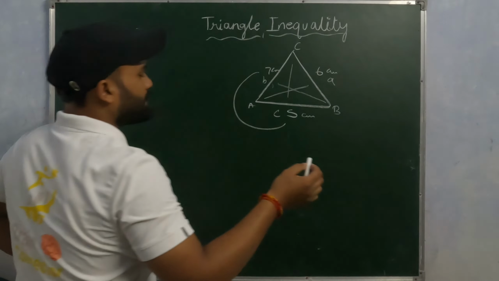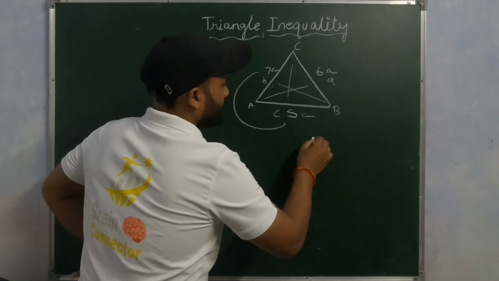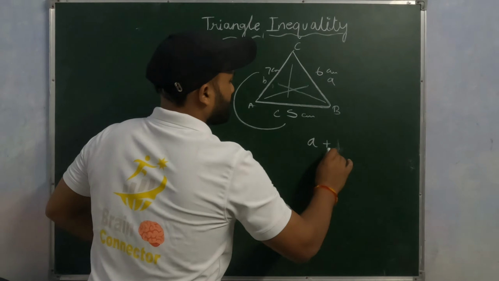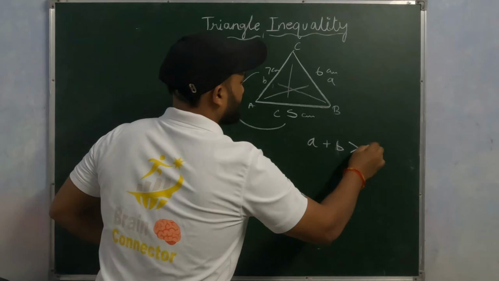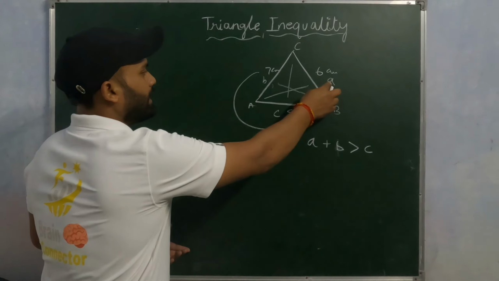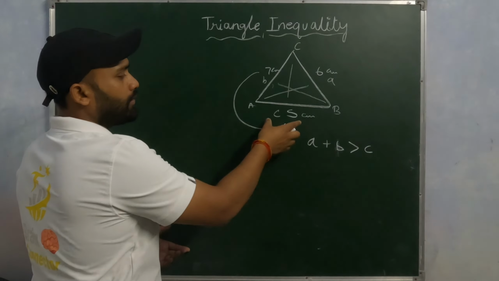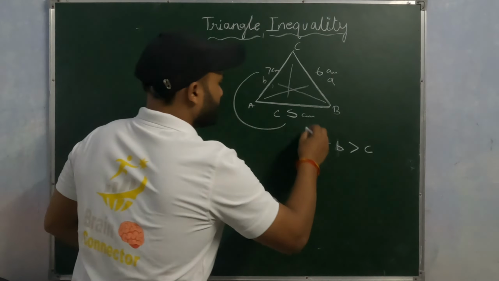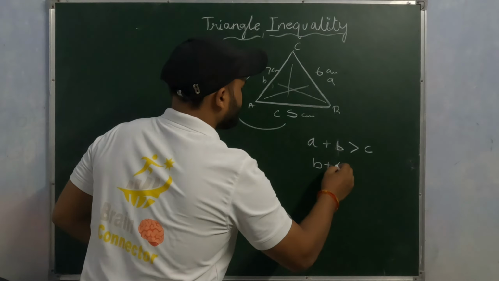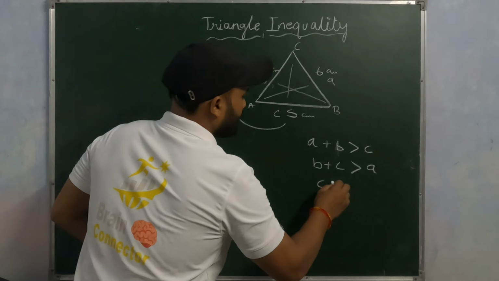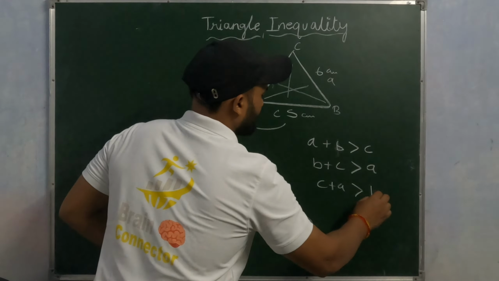So we can write that side a plus b is always greater than c. Okay, the sum of two sides, this is side a, this is side b, will always be greater than the third side, which is side c. Okay, b plus c is always greater than a and c plus a is always greater than b.